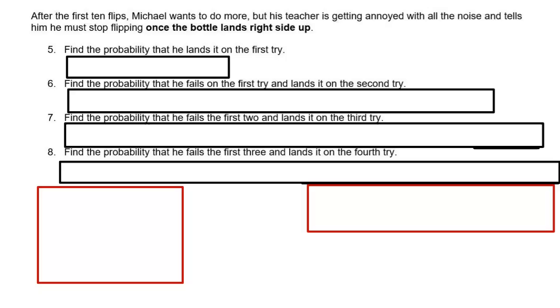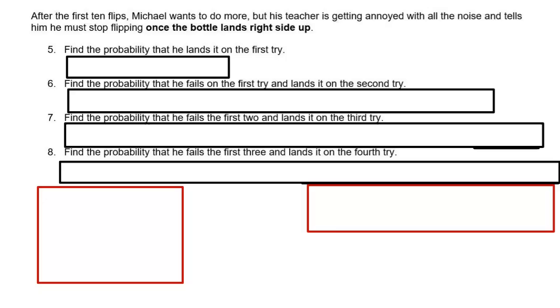Teacher's getting annoyed with all the noise and tells him he must stop flipping once the bottle lands right side up. So he can keep trying, but once he lands one right side up, he's got to stop and be done for the rest of the class period. What's the probability that he lands this on the very first try? What'd you say? 50%. Not 50%. What'd you say? Not 10%.